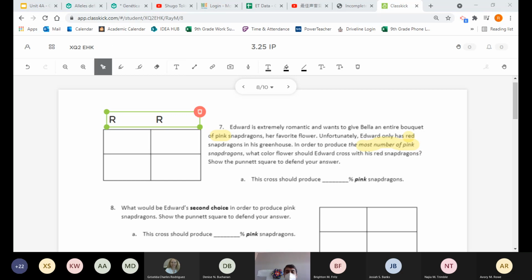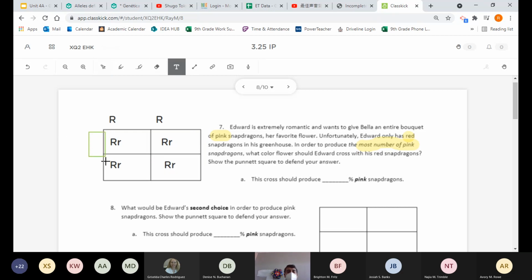Now, if we're trying to figure out how to get the pink snapdragons, remember that pink is going to be the heterozygote genotype. So he's trying to get to the heterozygote. We have homozygous dominant. So let's say then that he needs at least one of those, right? And ideally, he would want to have all of them, right? It says most number of pink snapdragons. So let's say that he needs to have all of these be pink. In that case, you can work backwards, and you get your other genotype.